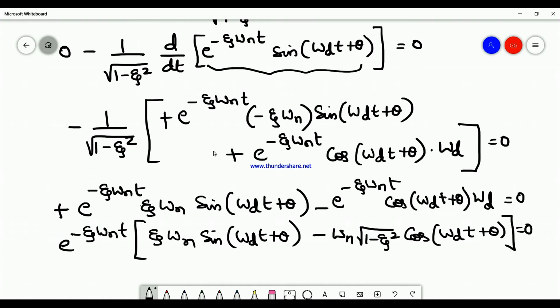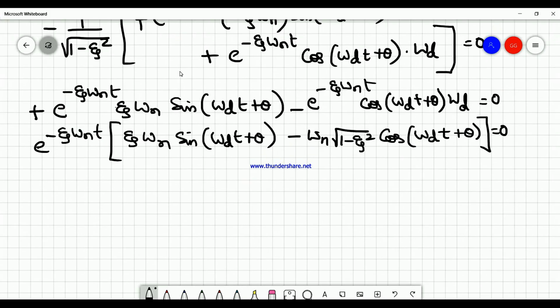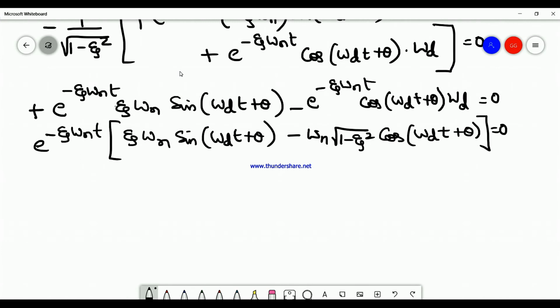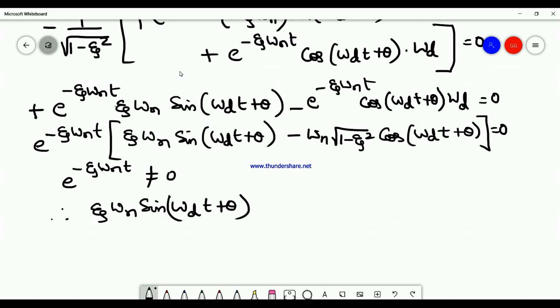Now as e power minus zeta omega nt is not equal to 0, therefore zeta omega n into sin omega dt plus theta minus omega n square root of 1 minus zeta square into cos omega dt plus theta equals 0.